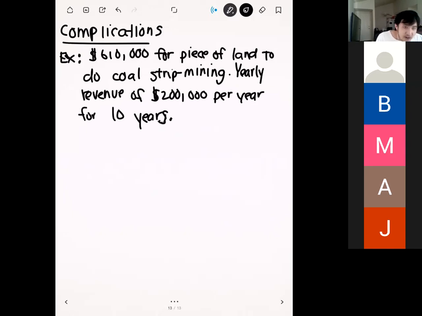After your company is done stripping all the coal from this land, government regulations require that you clean up all the stuff there. This is a unique case because usually we have a salvage value at the end where we sell our land for a certain amount. In this case, we're going to have a net negative at the end because we have to do a lot of cleanup operations, and so we have a salvage cost of $1.5 million.